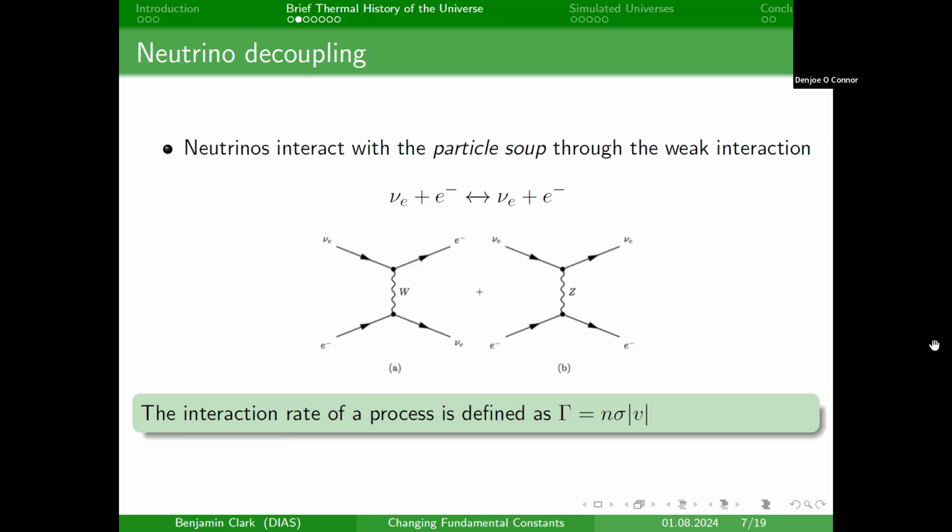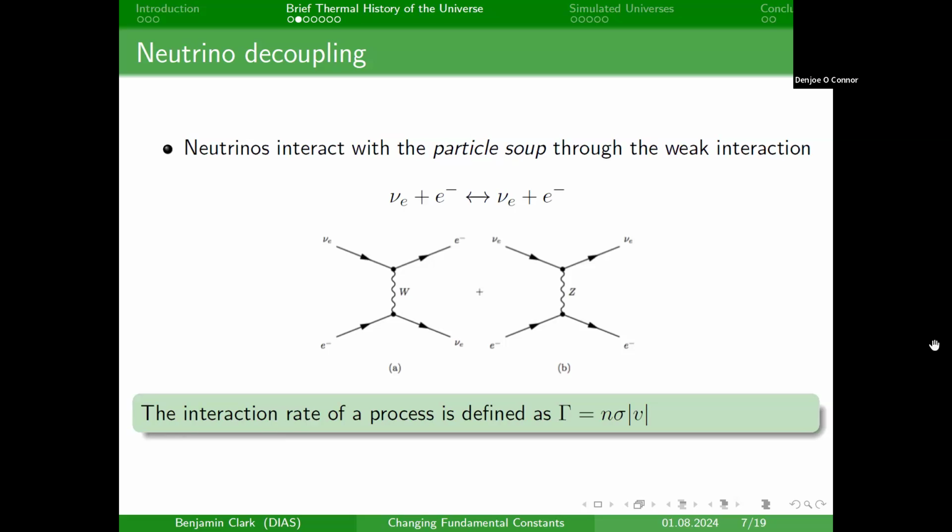So the interaction rate, you can think of it as basically the rate of how often it happens. That's defined as capital gamma equal to n sigma v, where n is the number density of the given particle, sigma is the cross section, so the probability of it happening, and v is the velocity.